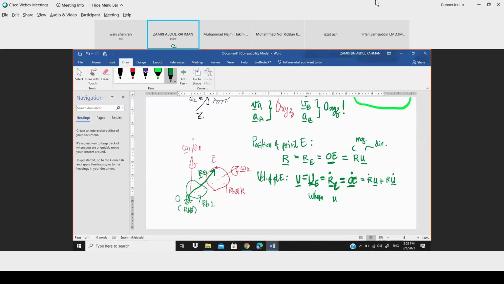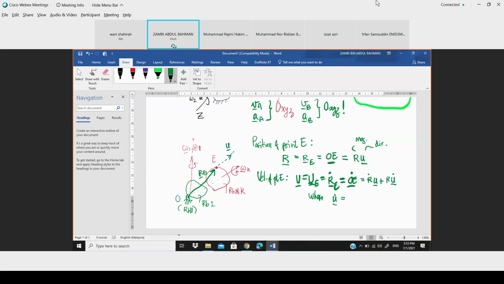So U dot is going to be equal to, before you can answer that, maybe we can extend that line. That is your unit vector U, which indicates the direction of point E with respect to point O.